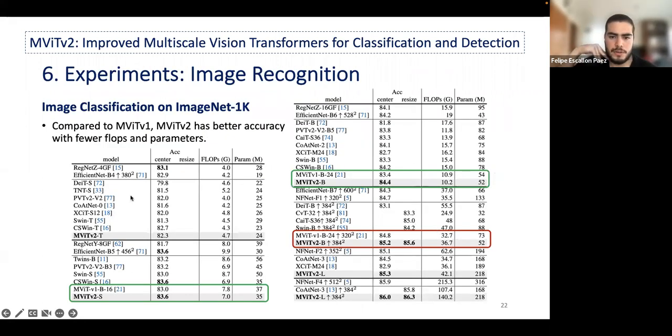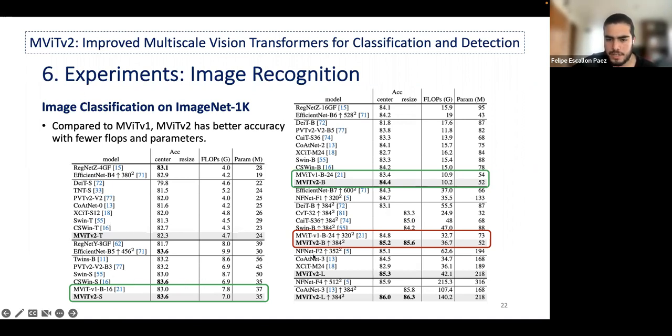So for the results, as Paulo mentioned, mainly what we are going to see is that they outperform every method they include in the comparison. They include a lot of other architectures. Here too, it is important to see they compare themselves to their previous work, but not necessarily in the same sizes, but they demonstrate that they outperform by far other methods, including CNNs.